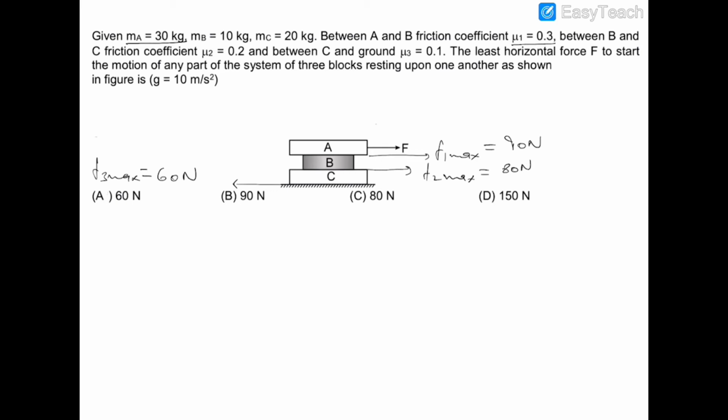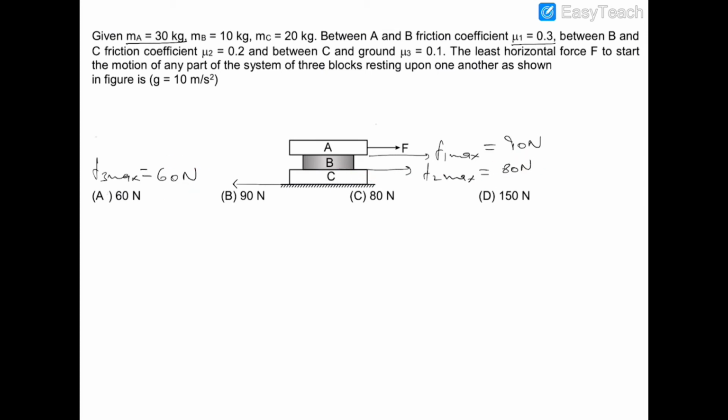and all three blocks will move together, because these two frictions are sufficient to move this block B and C, because C is facing this friction as an opposition, and C is being moved by this 80 Newton.